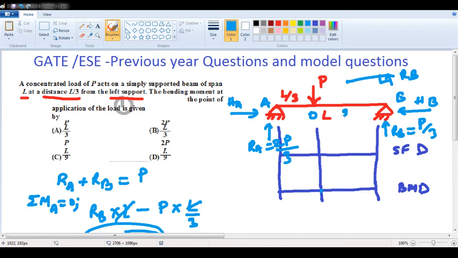The length over here is 2L by 3, because if this side is L by 3, the other side will be 2L by 3.